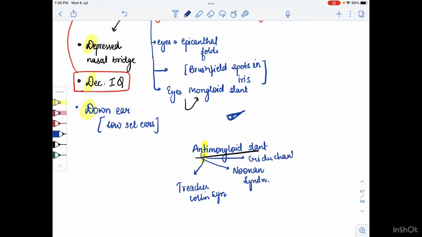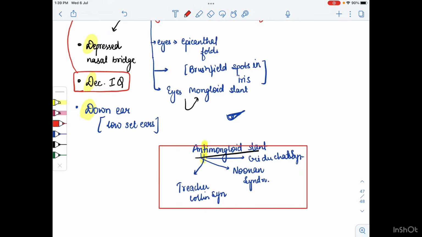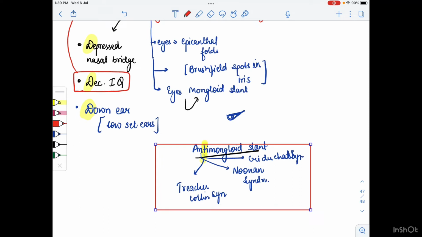So please remember Cri-du-chat syndrome. I hope you now remember in which conditions we see the anti-mongoloid slant: Treacher-Collins, Noonan and Cri-du-chat. In anti, the letters T and N stand for Treacher-Collins and Noonan, and one you remember is Cri-du-chat syndrome.